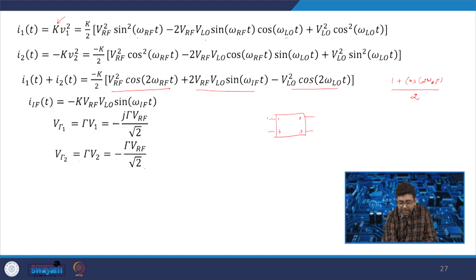Whatever signal you have applied here, this is VRF, it is going to have the minus J by root 2 here, and the same thing at port 3 you will get a minus 1 by root 2, meaning your reflection will have multiplication of that term, minus J by root 2 and minus 1 by root 2. That is the reflection voltage at diode 1 and this is at diode 2.